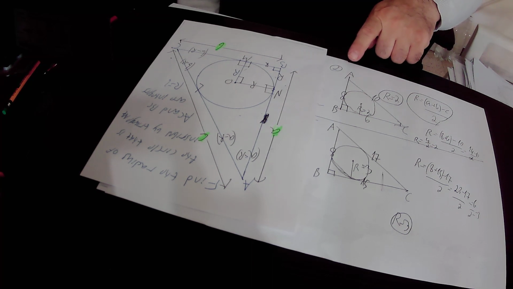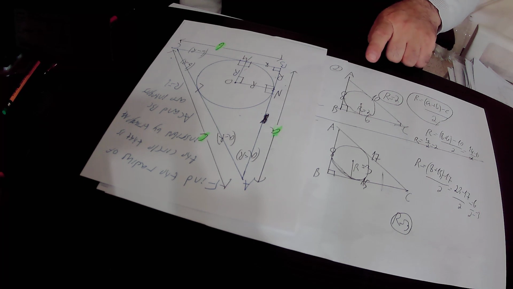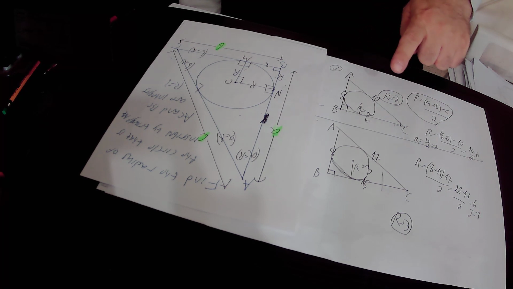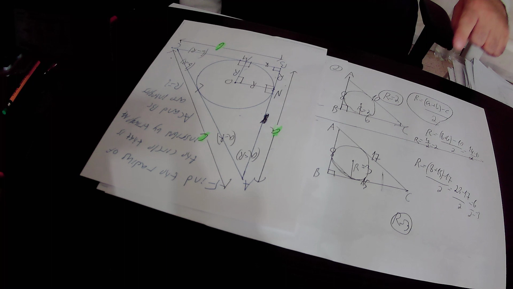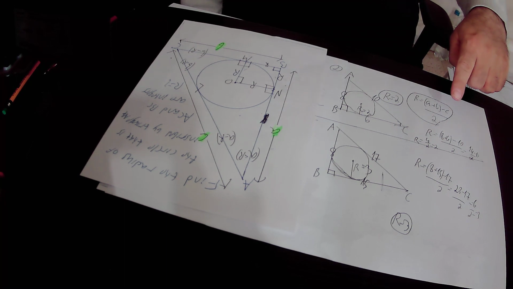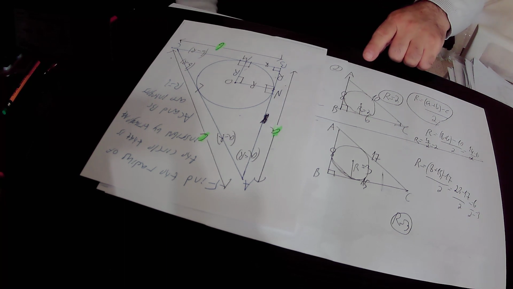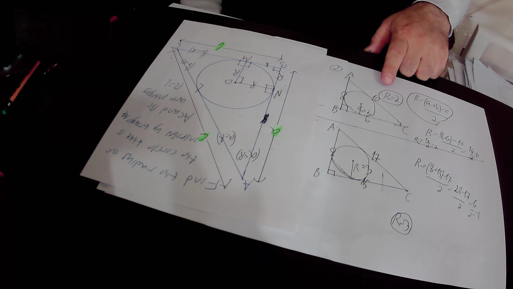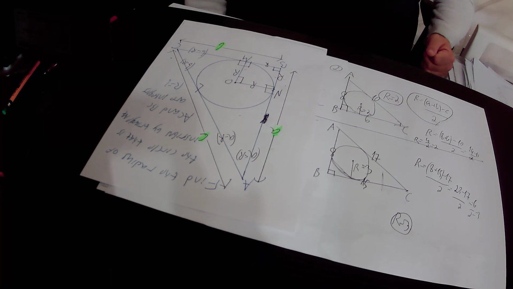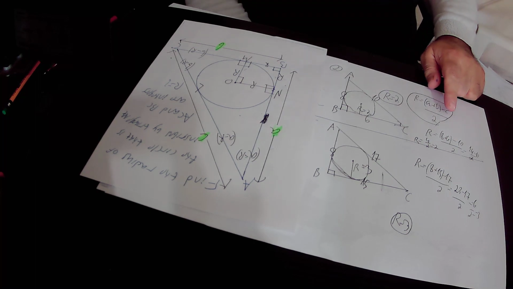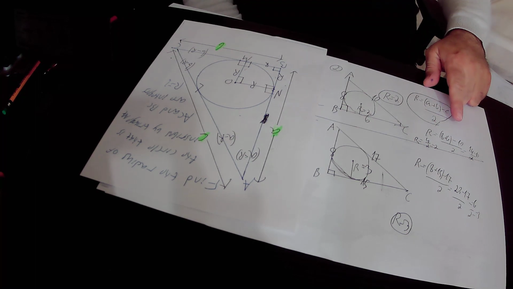Here, in this right triangle ABC, A is 8, B is 6, so it is 8 plus 6, that is 14, minus the hypotenuse C, which is 10, over 2. So 8 plus 6 is 14, and 14 minus 10 is 4, and 4 over 2 is 2.